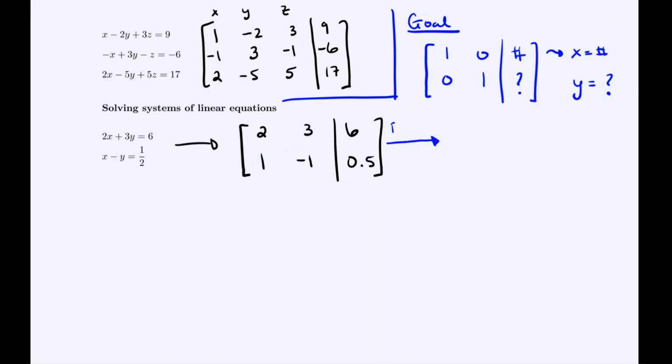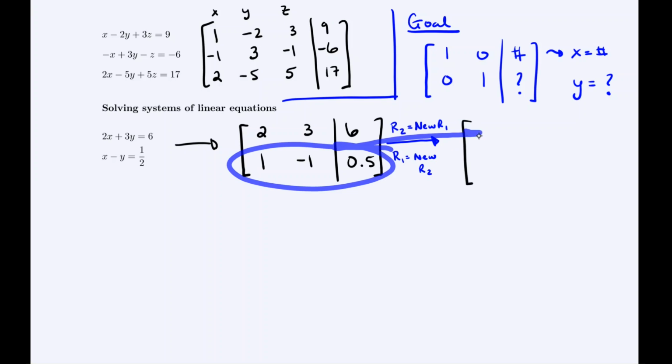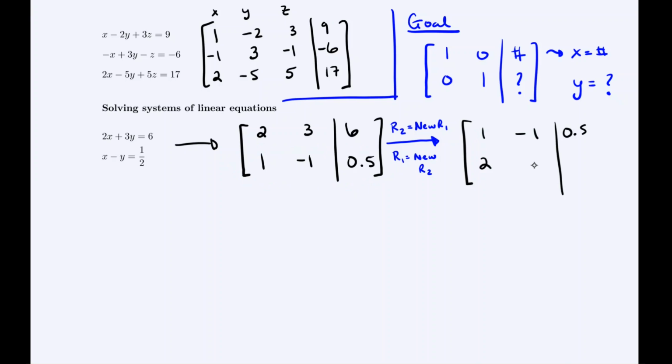So here I'm going to say the current row 2 is going to equal the new row 1. The current row 1 is going to be the new row 2. That's just telling me that I'm switching these. So the key thing is the whole row moves together. So all of this becomes the top: 1, -1, equals bar 0.5, 2, 3, 6.